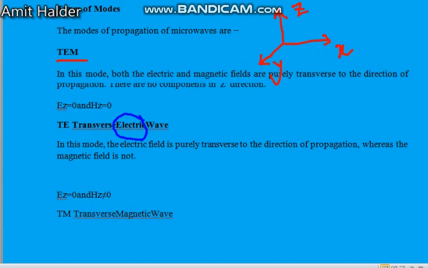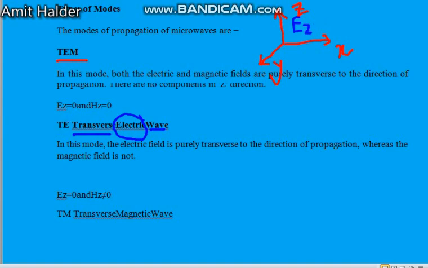That means no electrical component through the z axis will propagate; that will be 0. So that will be transverse electric. When it is TE, Ez will be 0, but Hz is not equal to 0, that means Hz is still there.